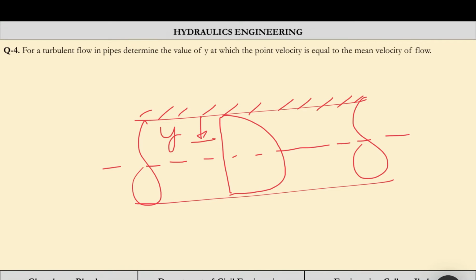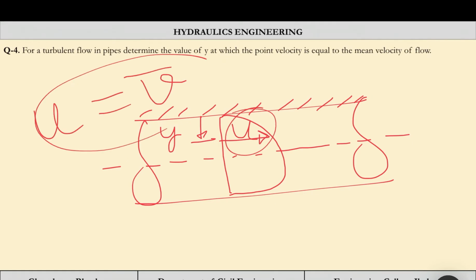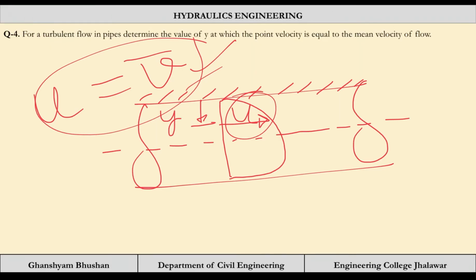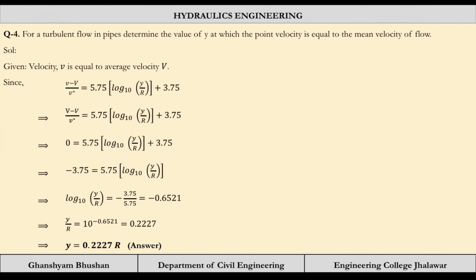So at this y, this distance, whatever u is there, that will be equal to V bar, that is the average velocity. So the formula we are already having, and we have to put the value of v equal to V bar, and directly we can get the value of y. So let us try to solve this.